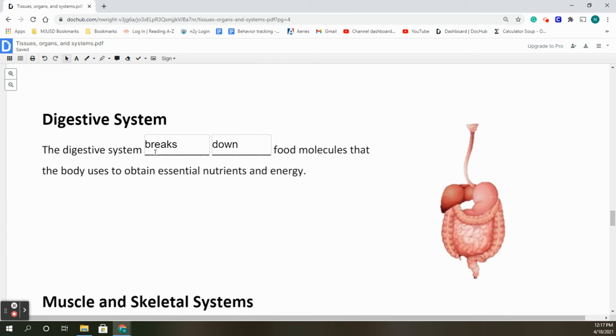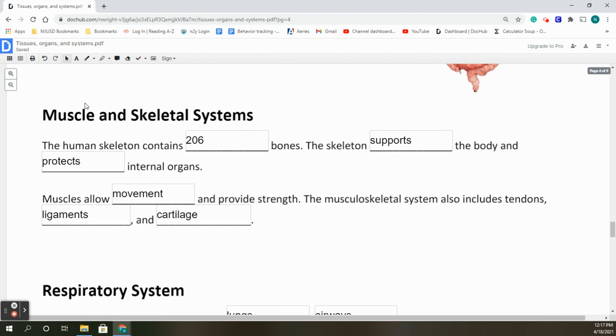Digestive system. The digestive system breaks down food molecules that the body uses to obtain essential nutrients and energy. Muscle and skeletal systems. The human skeleton contains 206 bones. The skeleton supports the body and protects internal organs. Muscles allow movement and provide strength.